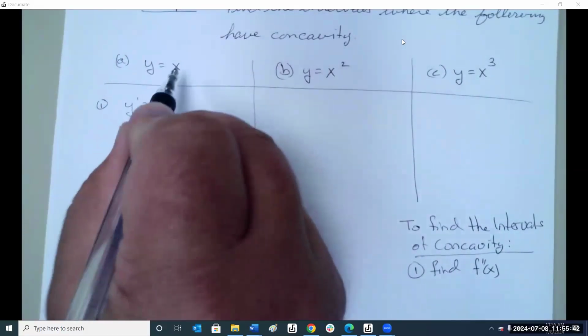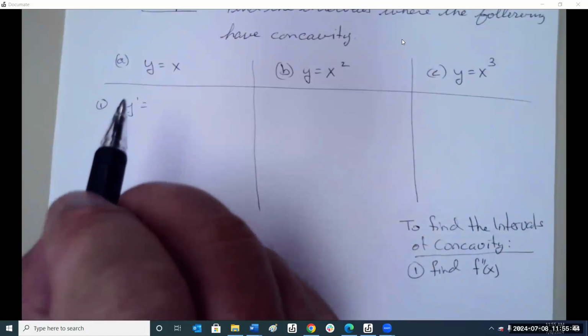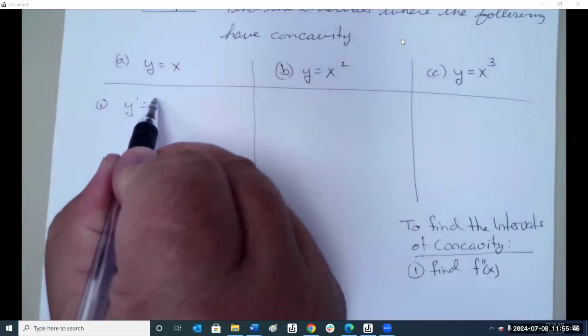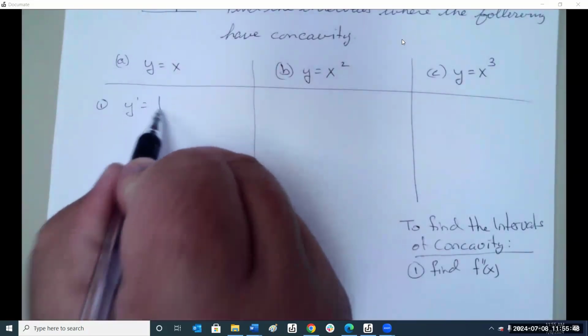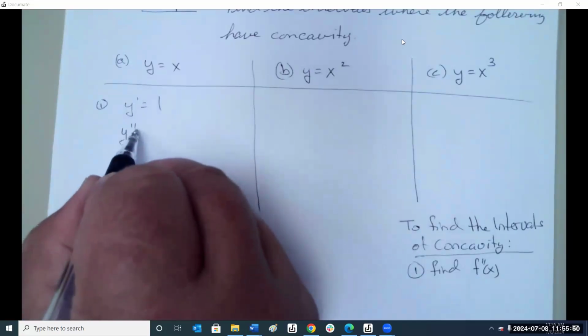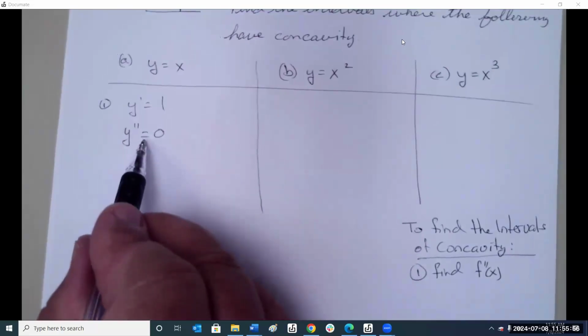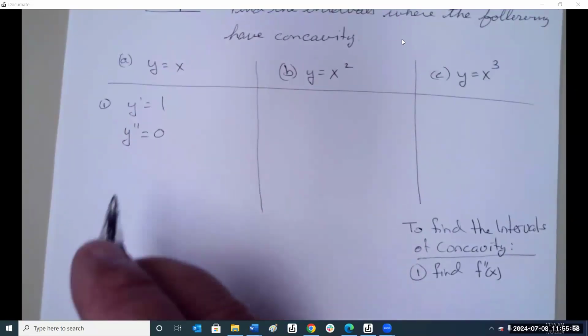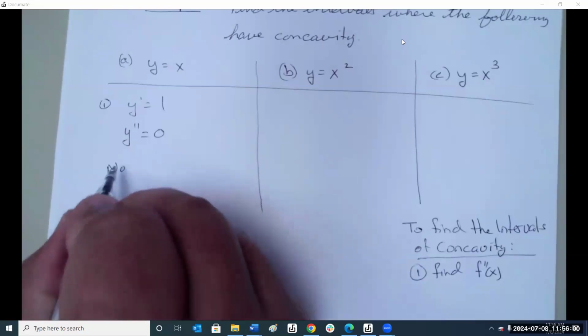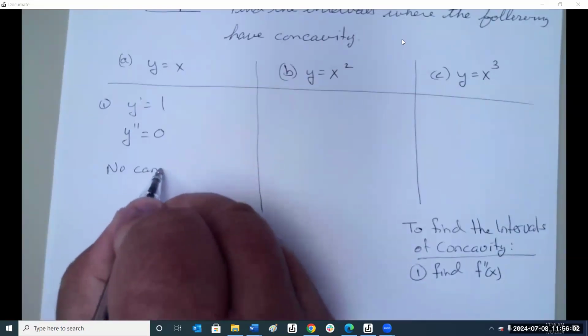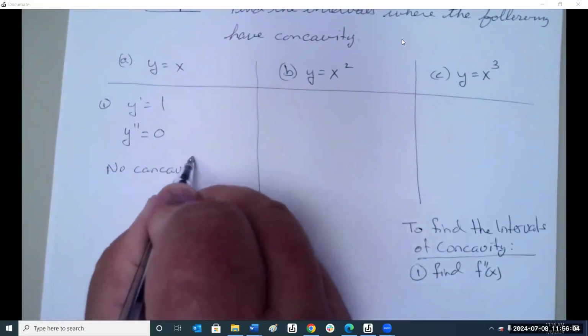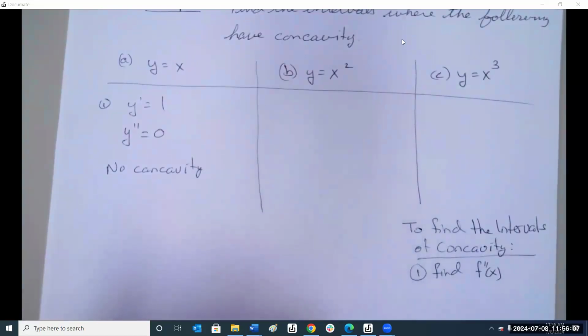The first derivative of this first one is what? 1. And then the second derivative is 0. So we know that this one doesn't have a concavity. Why?